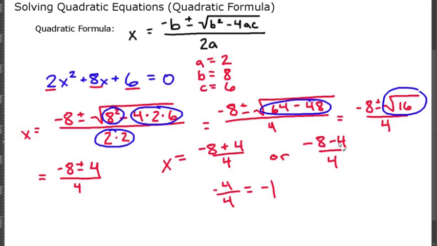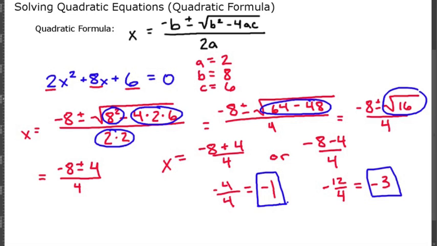Negative 8 minus 4 will be a negative 12 over 4, which will leave us with a negative 3. So x is equal to negative 1 or negative 3. And those would be the solutions to our original quadratic of 2x squared plus 8x plus 6 equals 0.